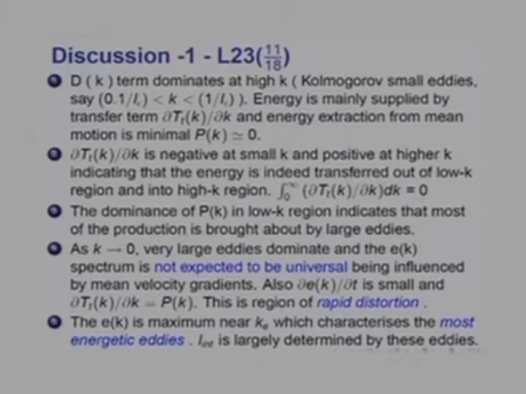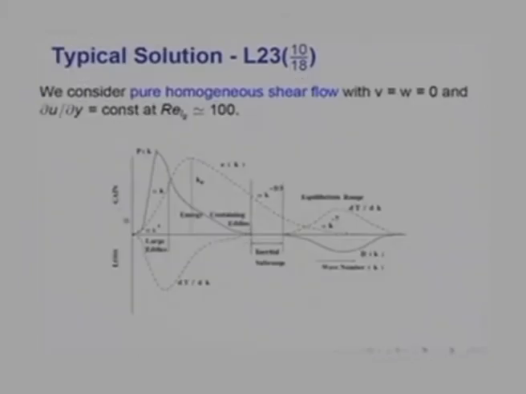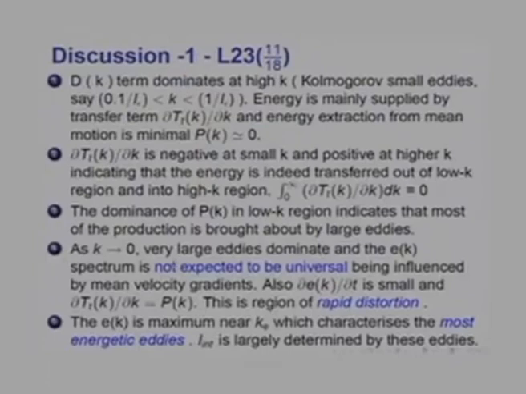The dominance of P(k) in the low k region indicates that most of the energy production is brought about by large eddies. As you saw here, most of the production is brought about by large eddies. That is why I have said large eddies here. As k tends to 0, very large eddies dominate, and the E(k) spectrum is not expected to be universal at all, being influenced by the mean velocity gradients.